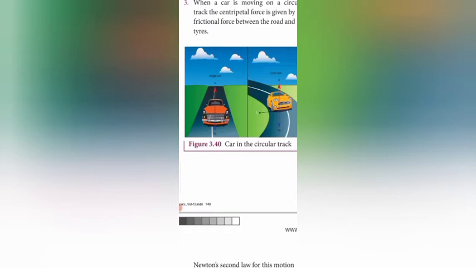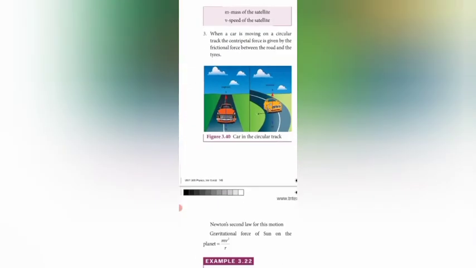When the car moves on a curved track, it experiences a centripetal force provided by the frictional force between the surface of the road and the tire of the car. Here we take Newton's second law for this case: the frictional force is nothing but mv square by R.